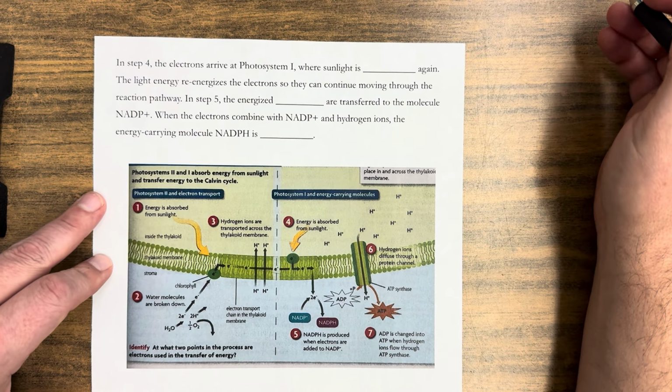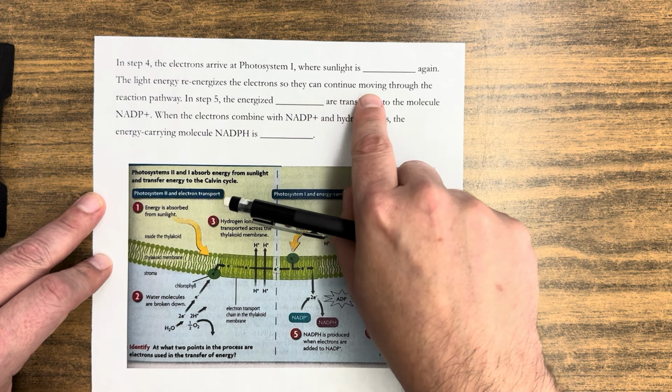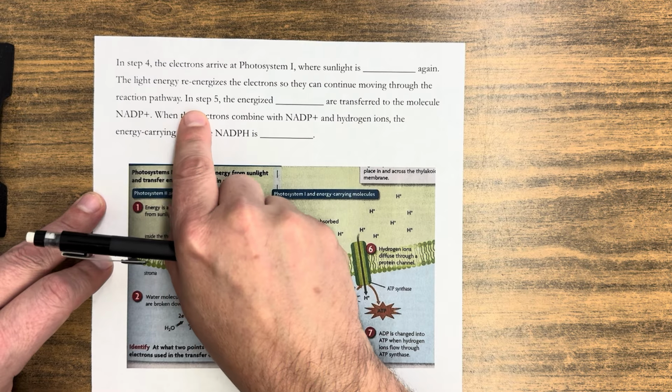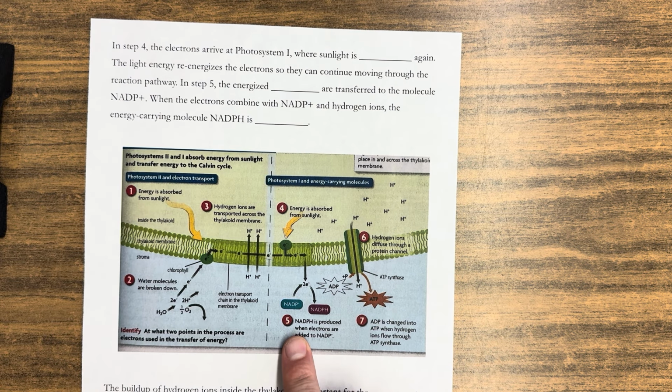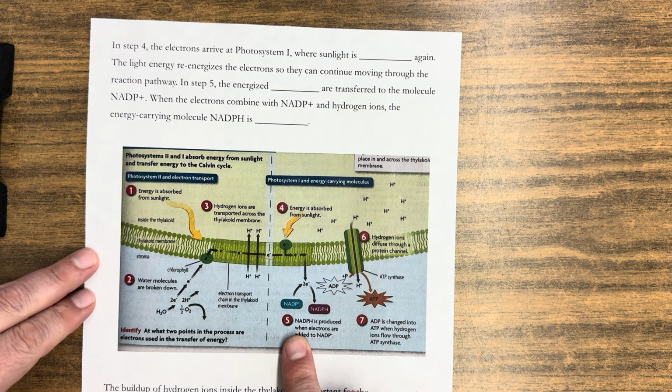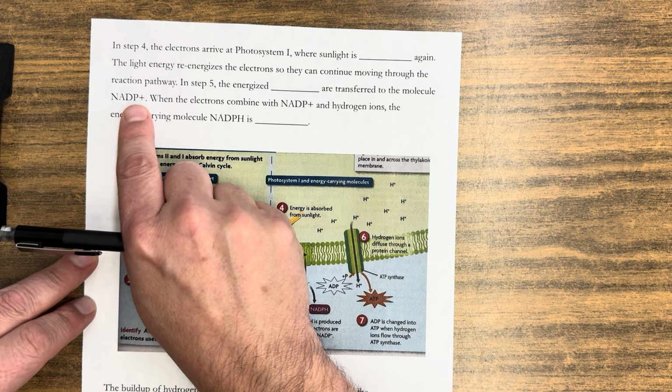The light energy re-energizes the electrons so they can continue moving through the reaction pathway. In step 5, down here, the energized electrons are transferred to the molecule NADP+.